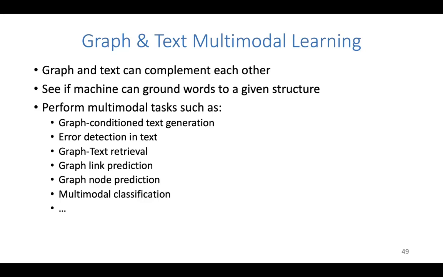Aside from that, there can be a lot more tasks, such as error detection in text, or error detection in the graph as well. If there's a typo, then you can use one modality to see if there's a typo in another modality. That is why it's a good idea to use multiple information sources at the same time. If you only use one information source and there are typos, errors, or missing information, there's no way to cope with it.